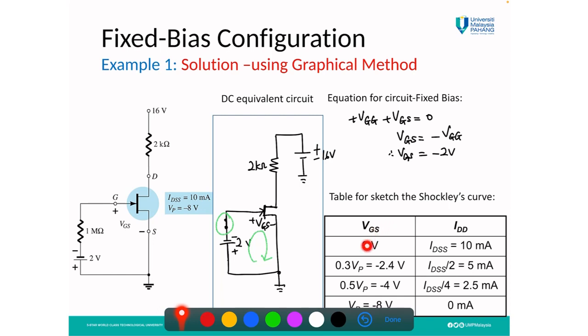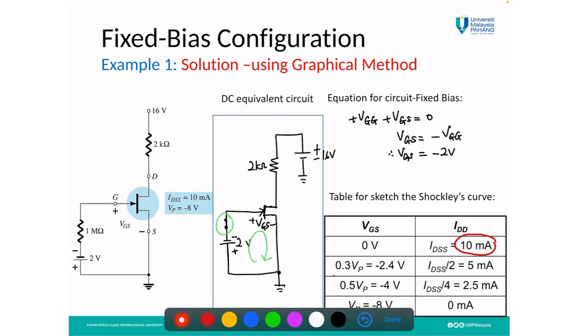You just remember this value, and then insert the IDSS and VP. So when VGS equals 0, the answer is IDSS, which is 10 milliampere.